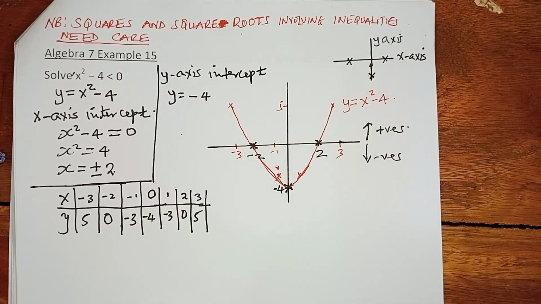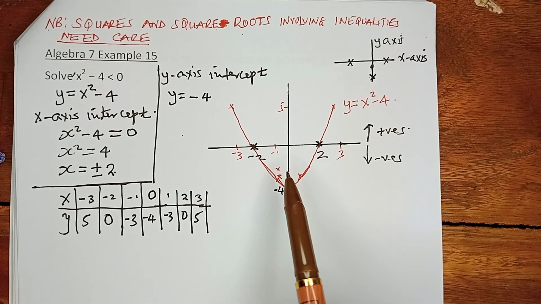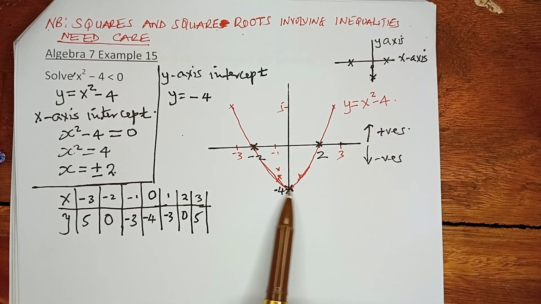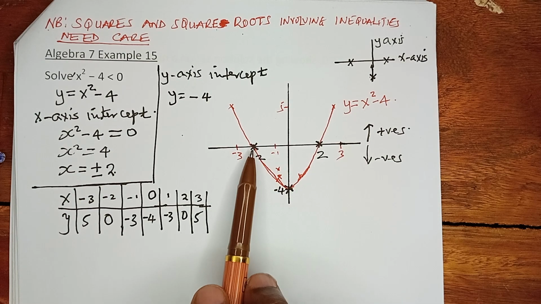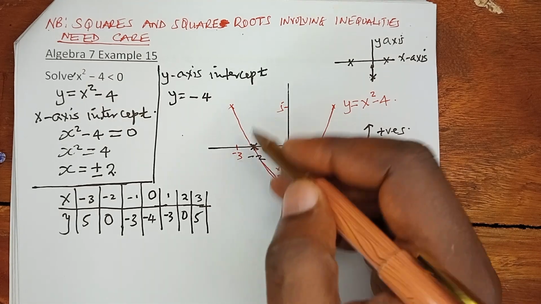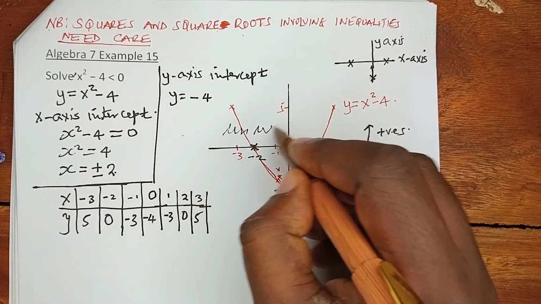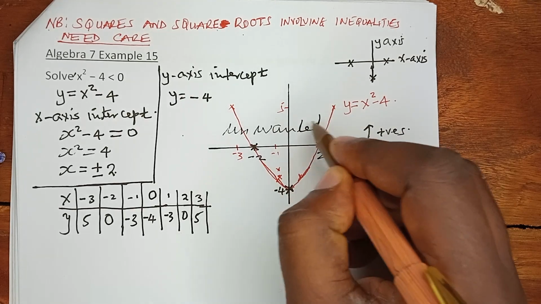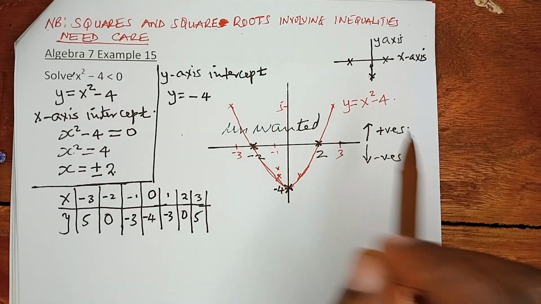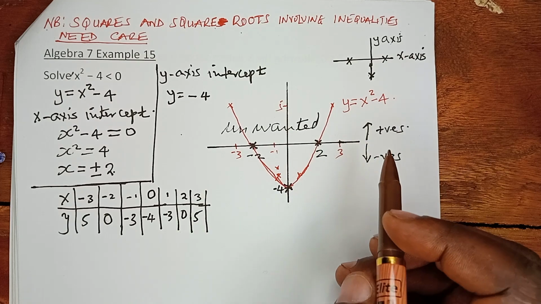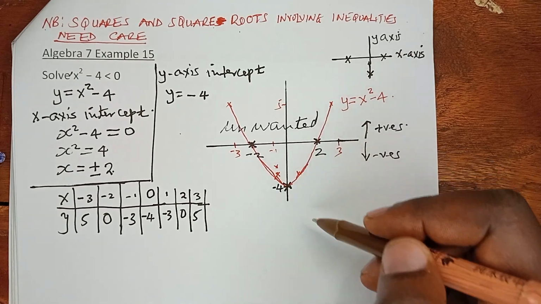Now, we need to get a region whereby our values of y are negative. So you can see that this is the unwanted region because it is above 0. This is the wanted region.